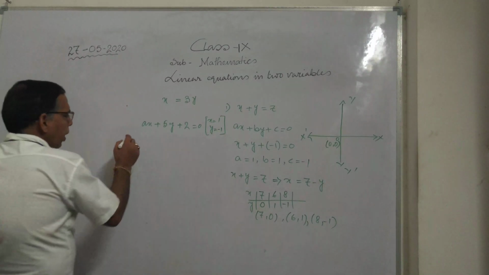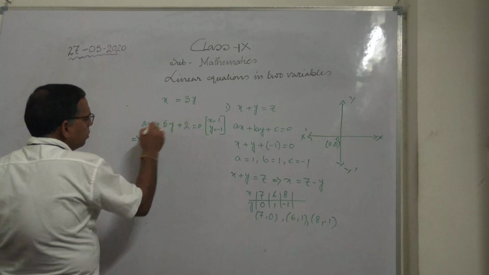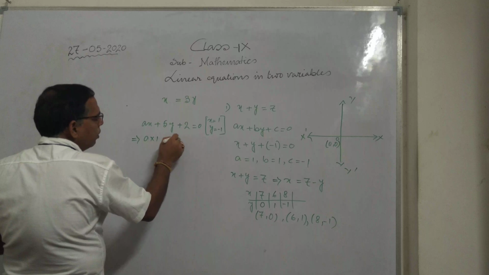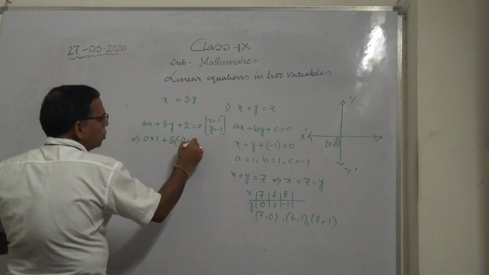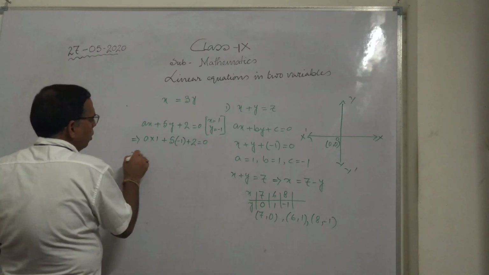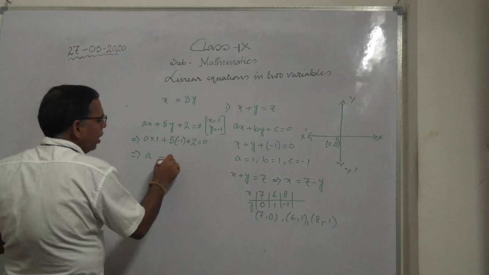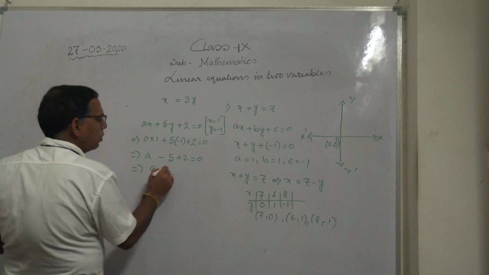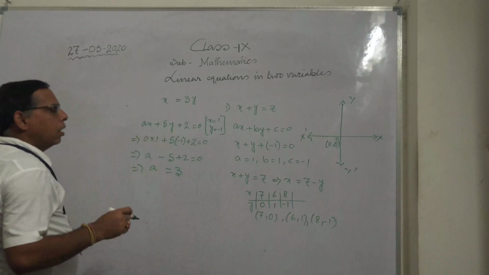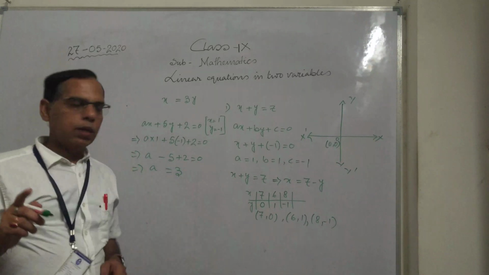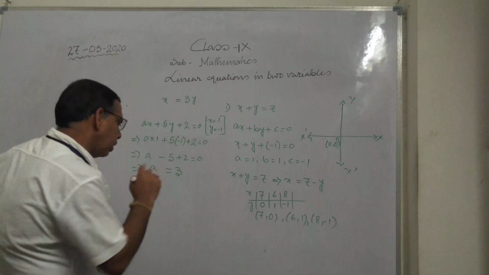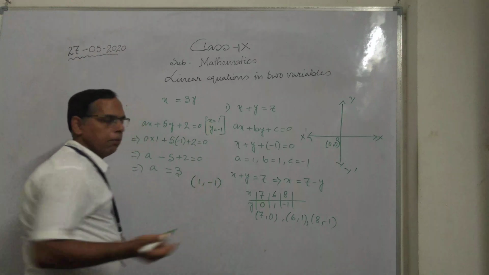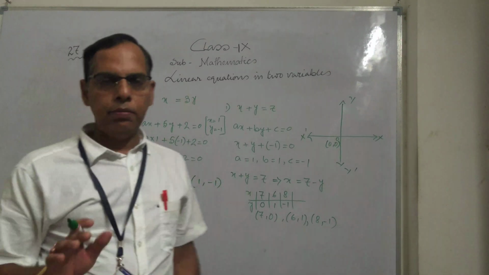You have to substitute the values. a into 1 plus 5 into minus 1 plus 2 equal to 0. Then a minus 5 plus 2 equal to 0, which implies a equal to 3. In one exercise you got it this way, and in another exercise you got it this way, with 1, minus 1. Same, there is no difference.